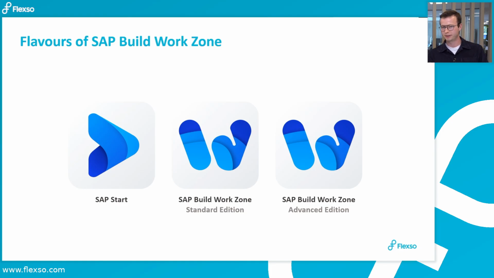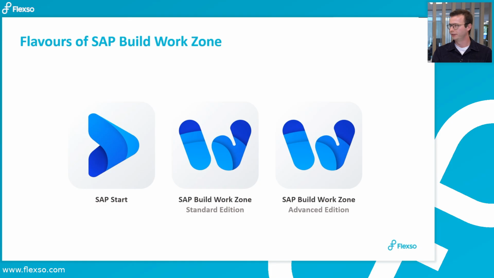Next to SAP Start, we have SAP Build Workzone Standard Edition. The Standard Edition unifies the access to your business applications, but also to your custom applications, to your extensions, and so on. And this for both your cloud systems, but also on-premise systems.